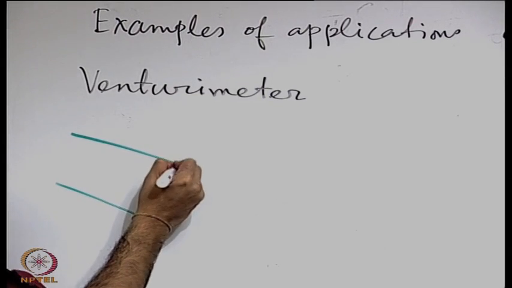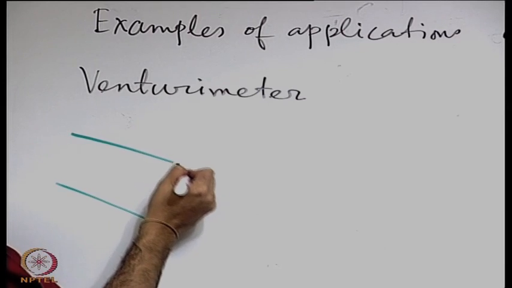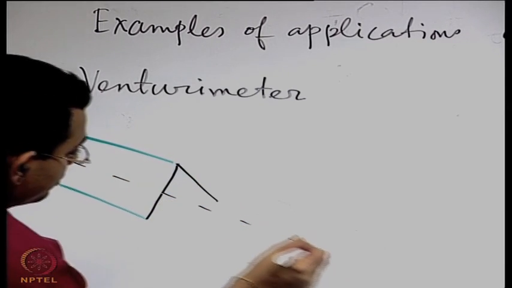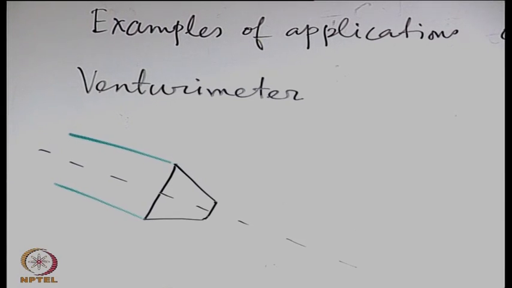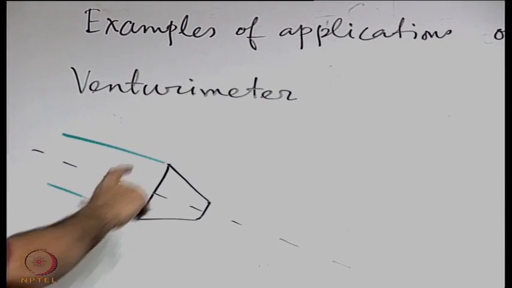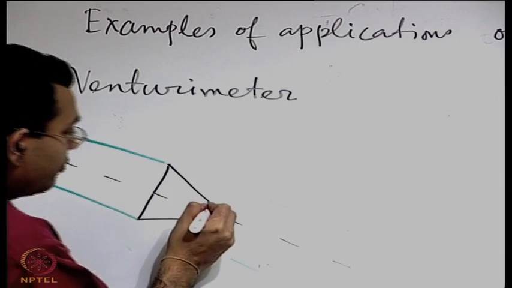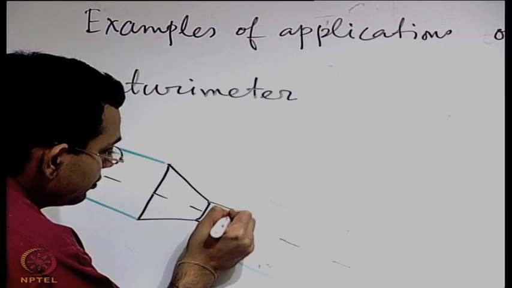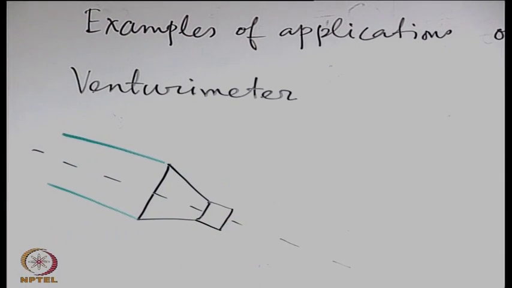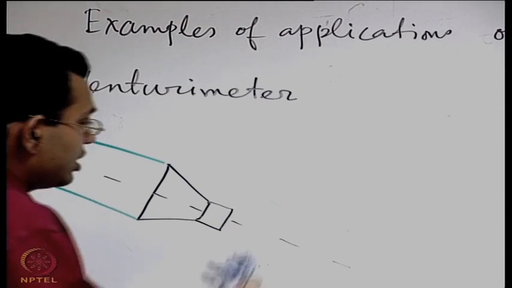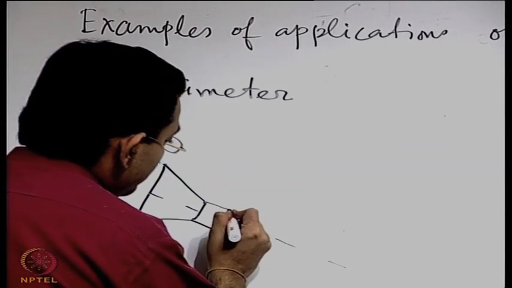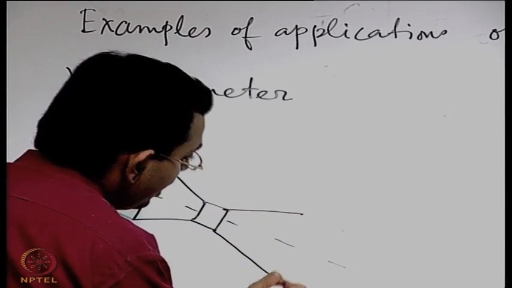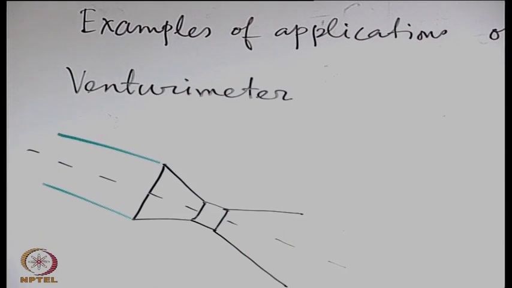So you have an accelerating section by having a converging cone, then you have a section of uniform cross section, and then you again come back to the pipe dimension.